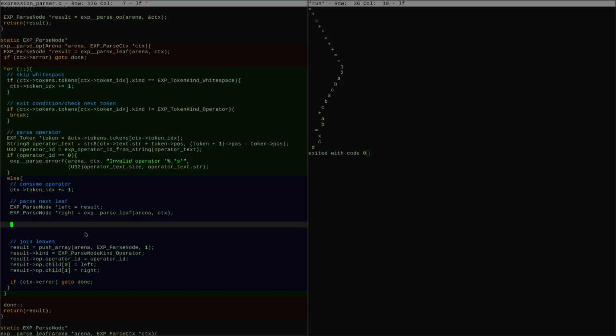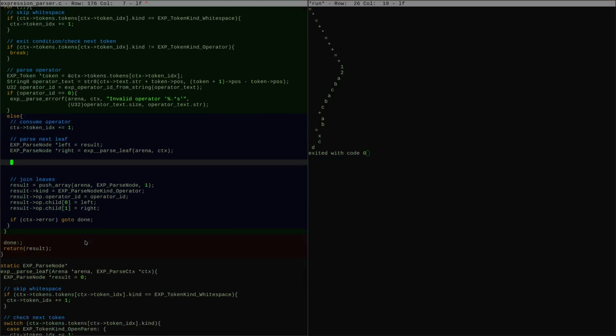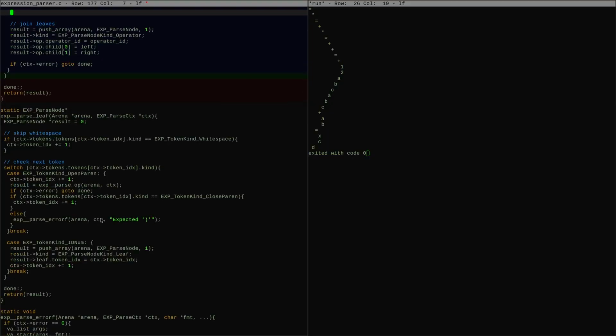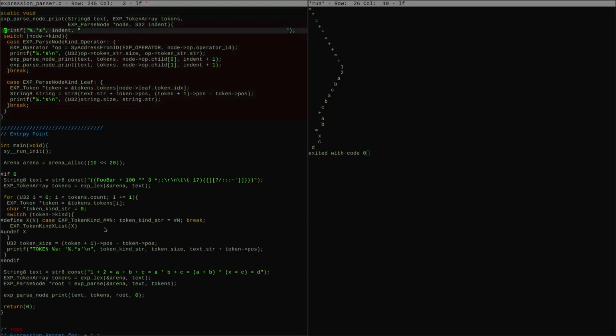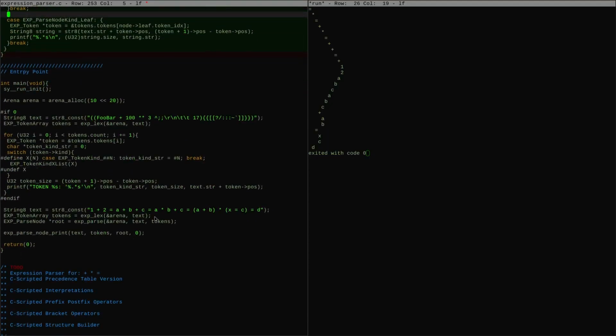So then what happens is, after you've looked at that, you're going to look ahead at the next operator and determine which one gets it from that.